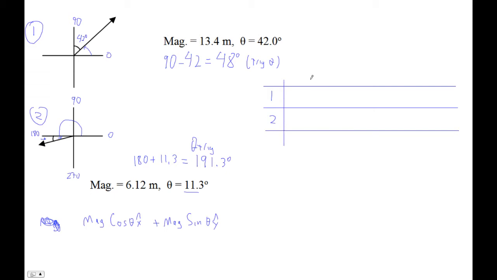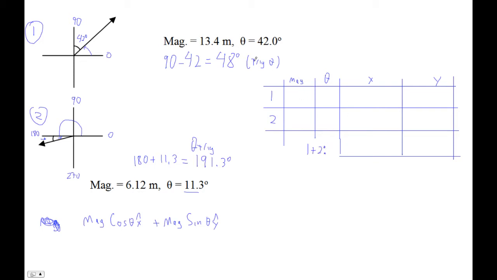Okay, and then we're going to do the magnitude and the trig angle. It's almost like we can make a spreadsheet, and then we're going to put our x component there and our y component there, like that. And ultimately what we want is to add these two together. We want to have 1 plus 2.